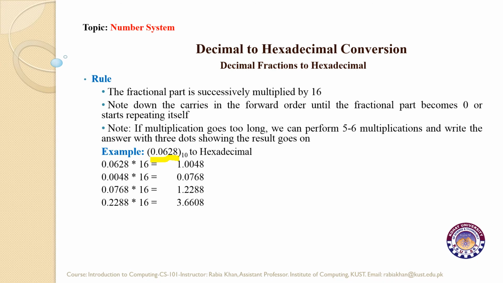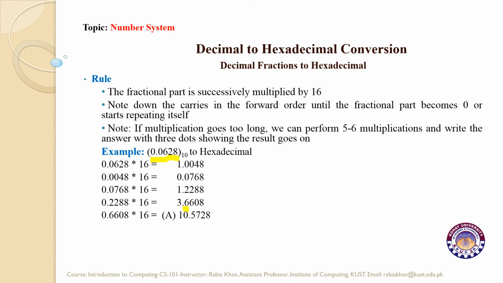The fractional part 0.2288 is again multiplied by 16 and the result is 3.6608. The fractional part 0.6608 is again multiplied by 16 and the result is 10.5728.